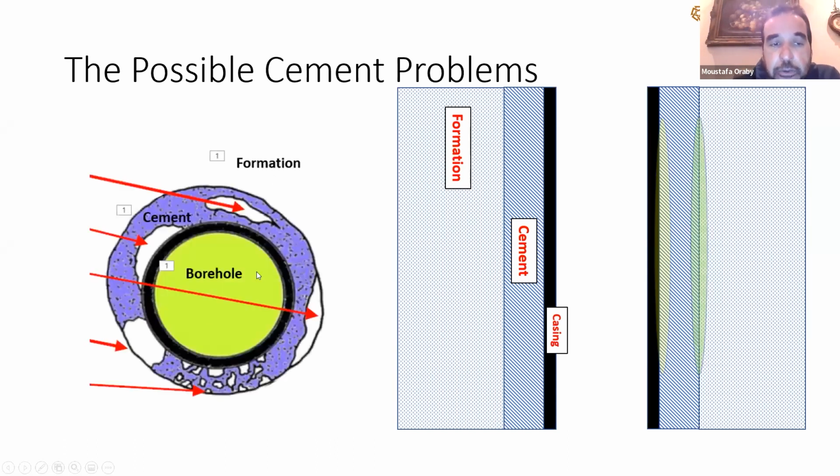If we need to summarize, there are multiple issues. If this is my formation, this is my borehole, and this is my casing, what are the major issues in any cement evaluation or cement condition that we have in our reservoir? The first one is right here.